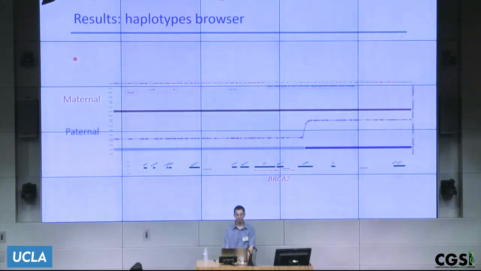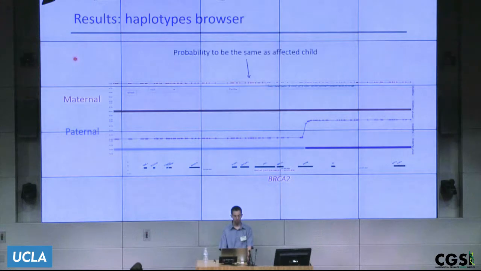What they do in the PGD clinic is they developed a browser for the lab technicians to use that looks like this, a user-friendly browser. And this is showing a number of pieces of information. Here at the top, what we see is the probability that the embryo has the same chromosome as the affected child.